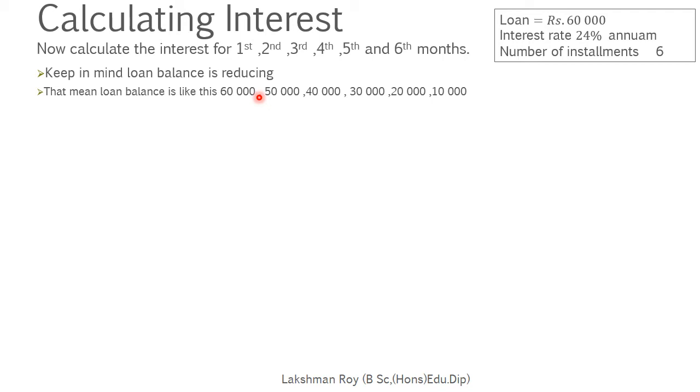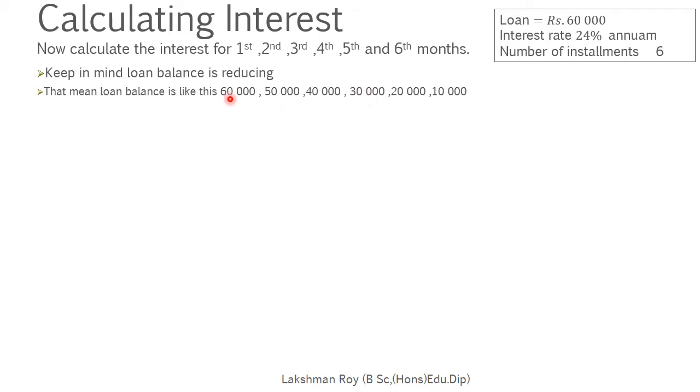That means when you go to the second month, balance is 50,000. When you go to the third month, from the 50,000, 10,000 rupees reduce. That means 40,000. Like that, in the fourth month, from the 40,000, 10,000 reduce. That means 30,000. So these are the balances in every month.